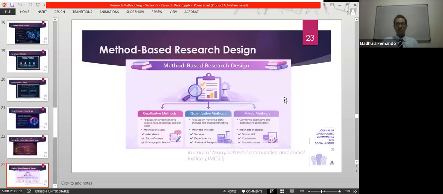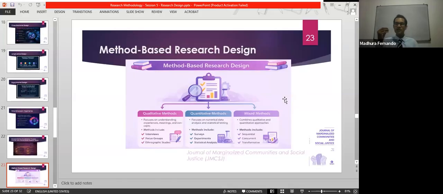Now, when you study social justice and marginalized communities, you want to make an impact on the society. You want to make a positive impact on the marginalized communities. You want to enhance inclusion, financial inclusion, and you have a certain kind of social responsibility in your mind.